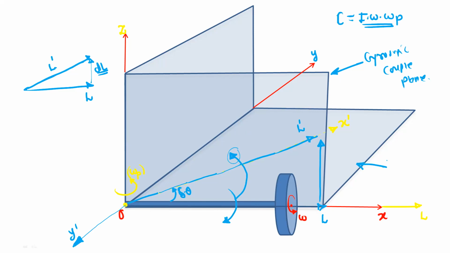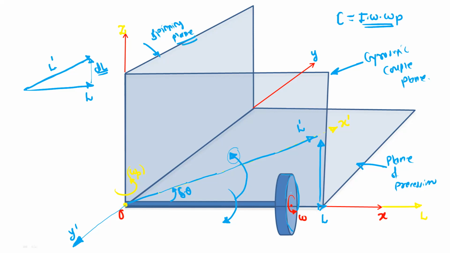This horizontal plane is called as a plane of precession. And this plane, which is parallel to the plane of the spinning disk, this is a spinning plane.